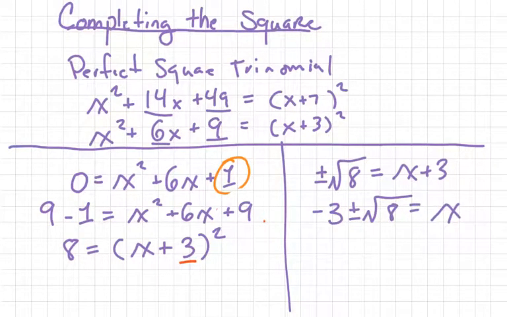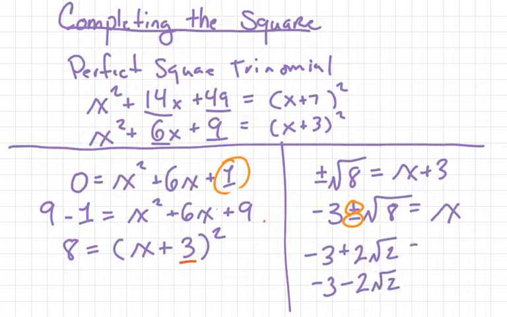My two answers are negative 3 plus, I can reduce the square root of 8 to 2 root 2. And my other answer is my subtraction answer, which is negative 3 minus 2 root 2.